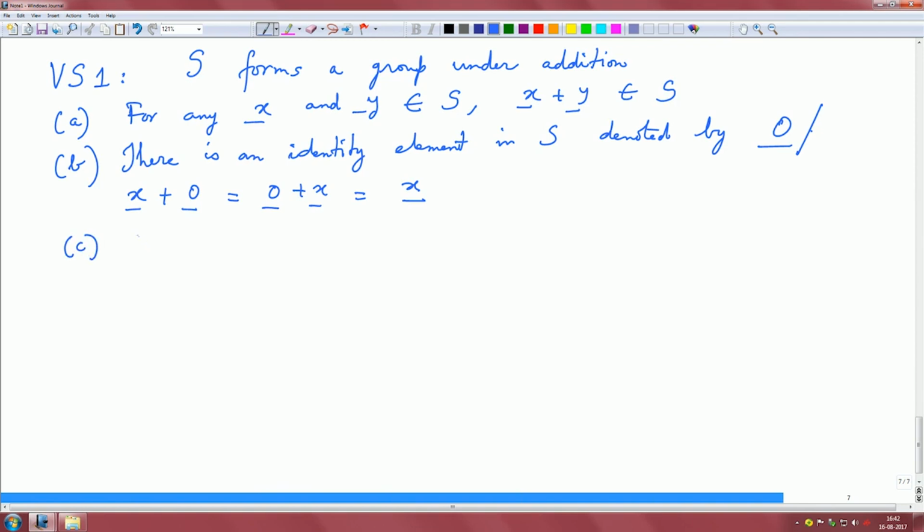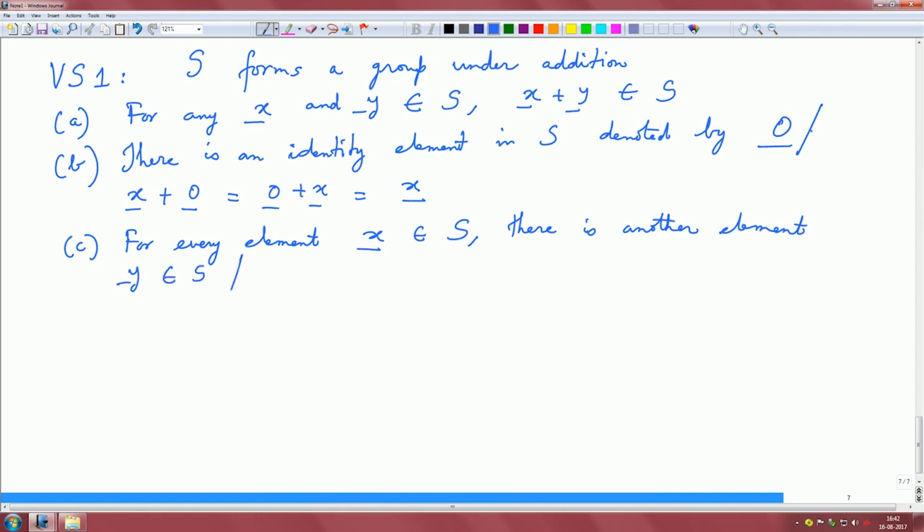Then for every element x belonging to S, there is another element y belonging to S such that x plus y is equal to 0.